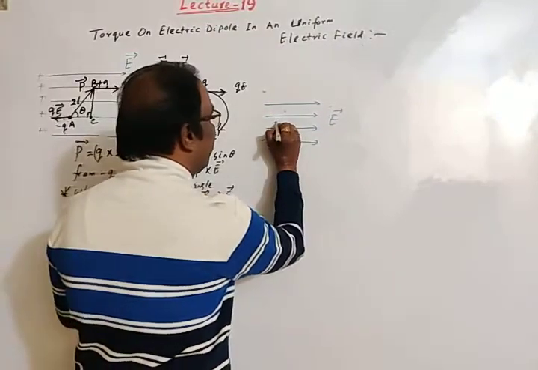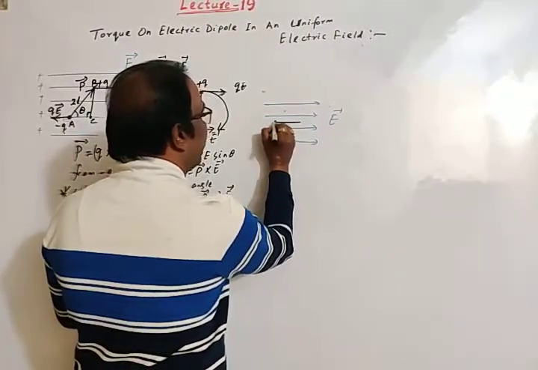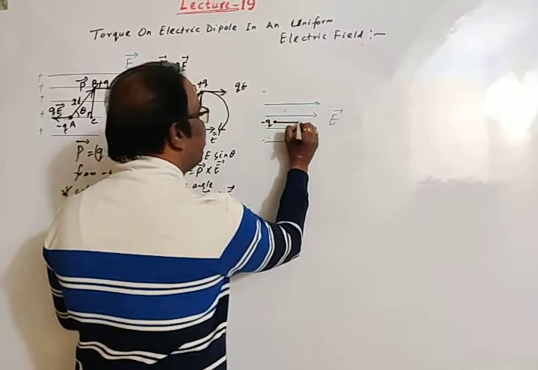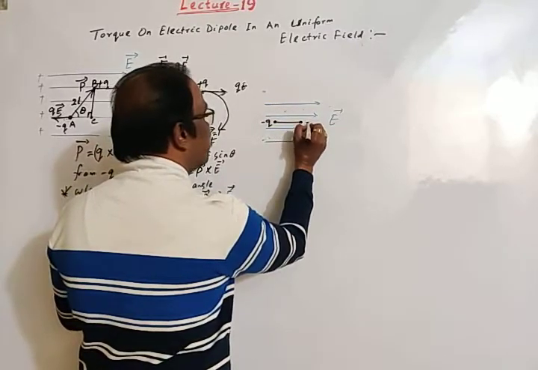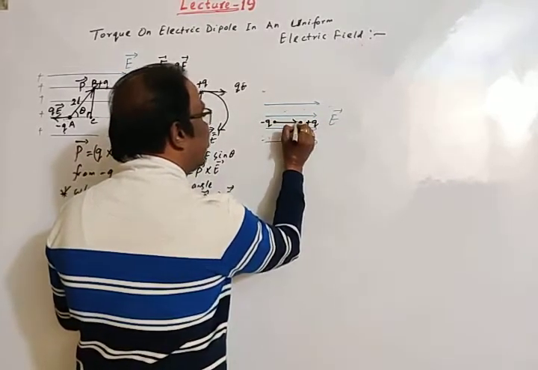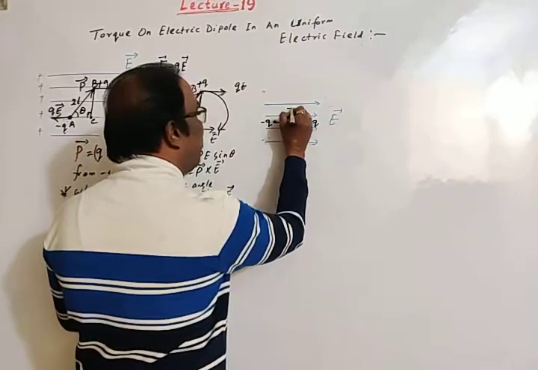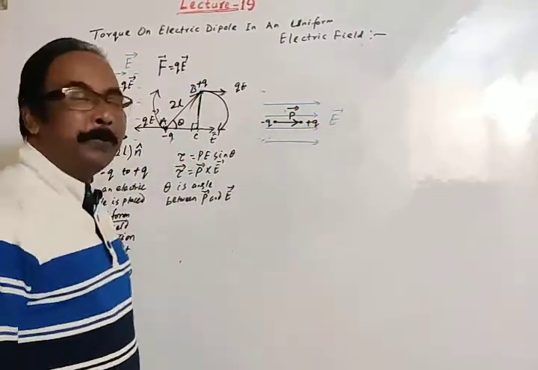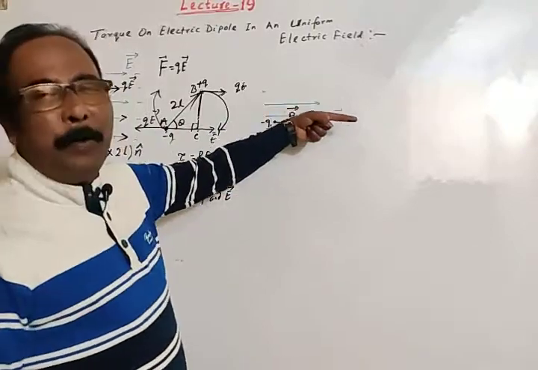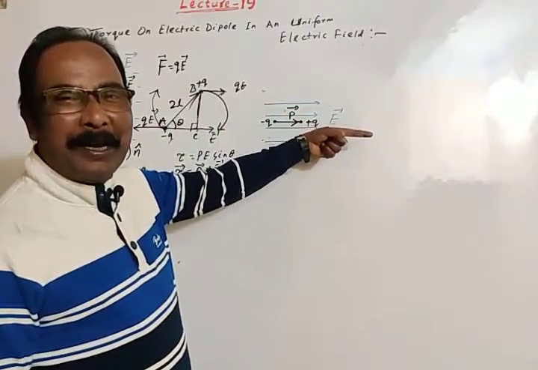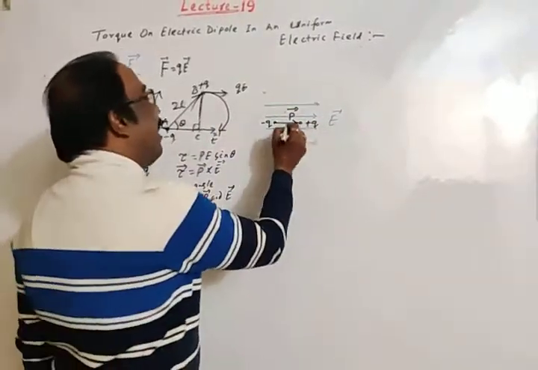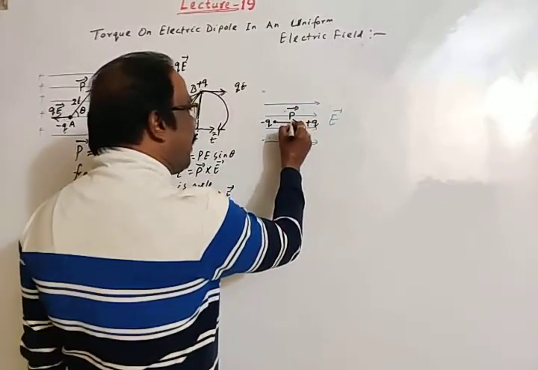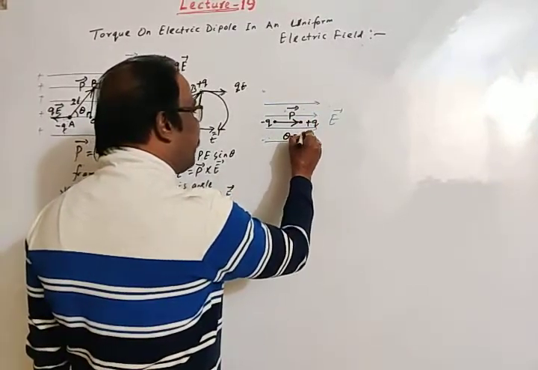This is the dipole. This charge is minus Q, this charge is plus Q, and this is the direction of the dipole moment, from minus Q to plus Q. Here the dipole moment is parallel to the electric field, so the angle between electric field and dipole moment is 0 degrees.